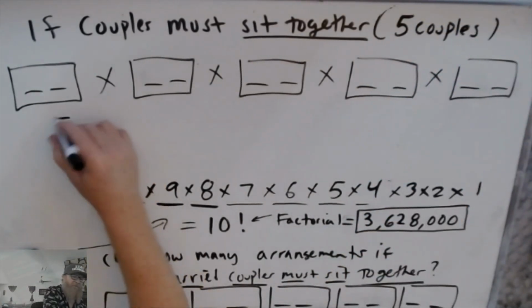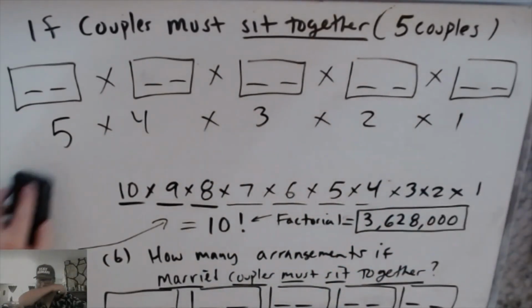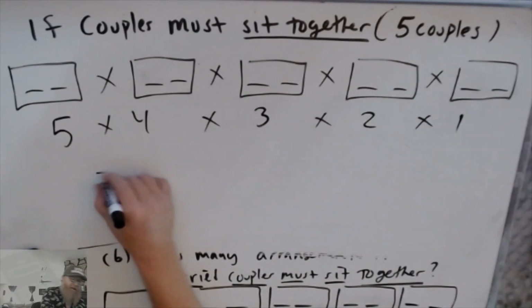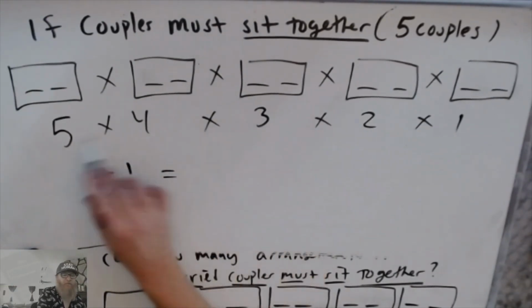So initially you have 5 times 4 times 3 times 2 times 1. Or in other words, you have 5 factorial. So what's 5 factorial?